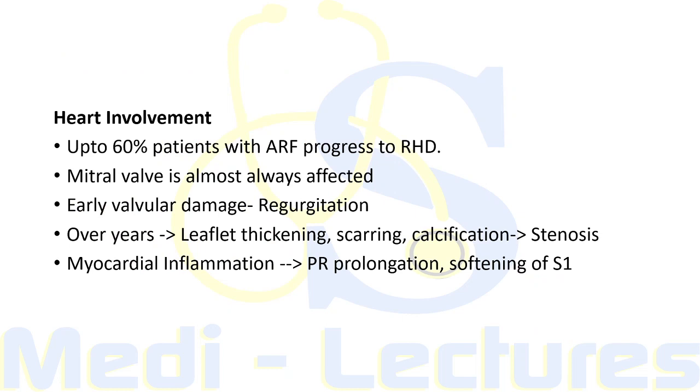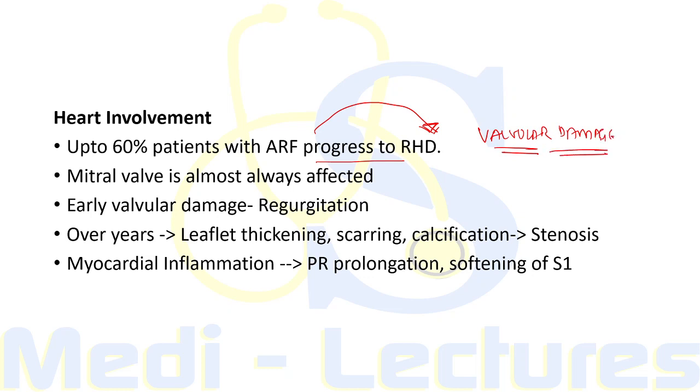So starting with the involvement of heart, we already discussed that up to 50 to 60% of patients with acute rheumatic fever will progress to rheumatic heart disease in the later years of life. Now the involvement of heart is typically in the form of valvular damage.